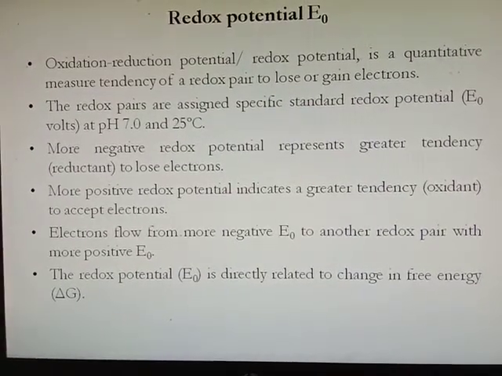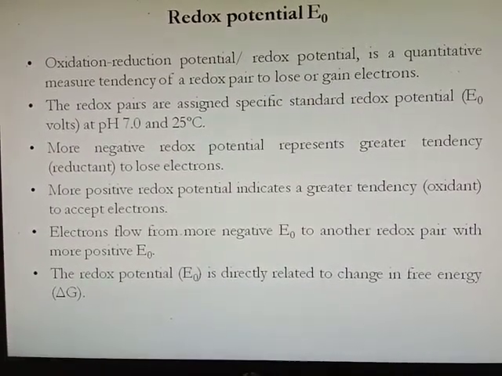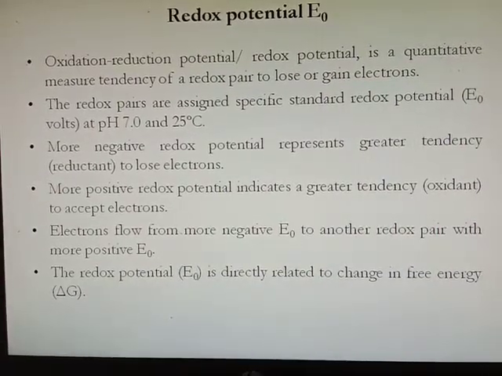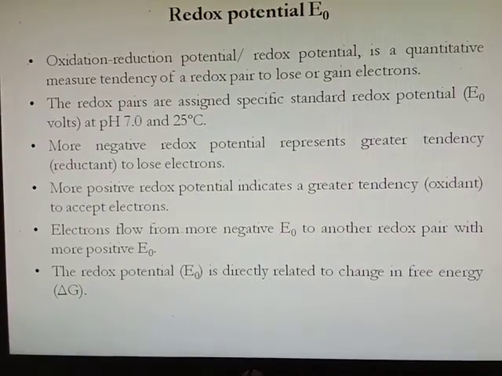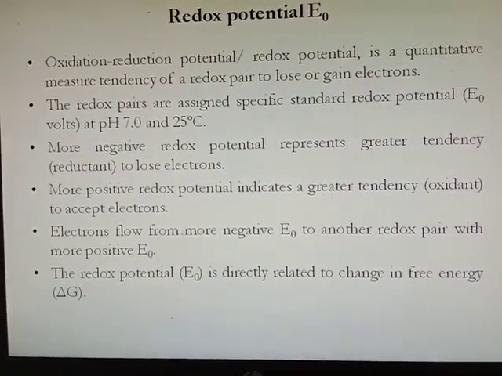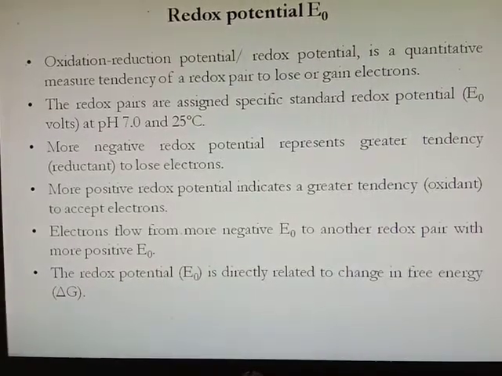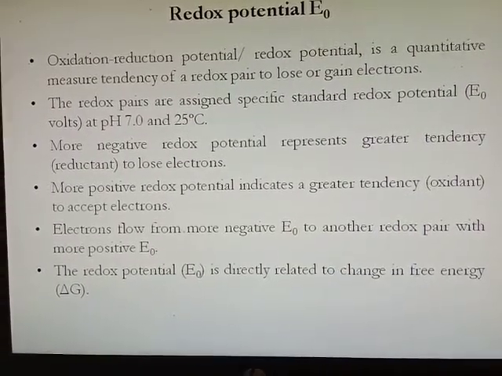The more negative redox potential represents the greater tendency to lose the electron. It means the molecule which has negative redox potential will donate the electron, whereas more positive redox potential indicates the greater tendency to accept the electron.